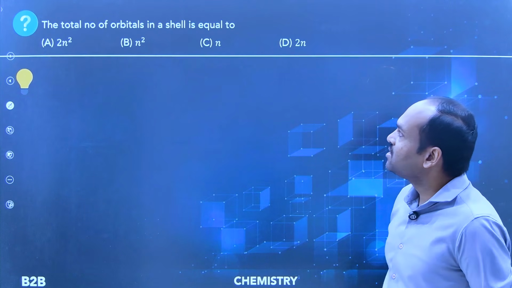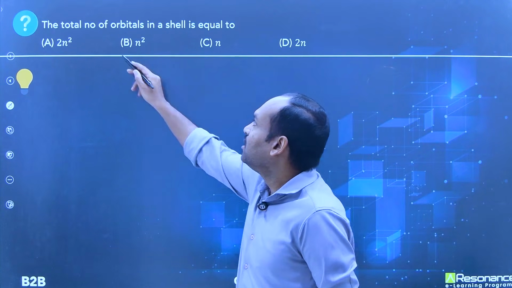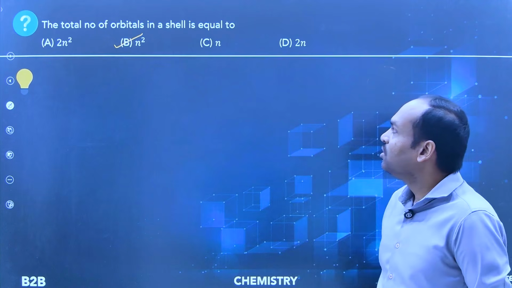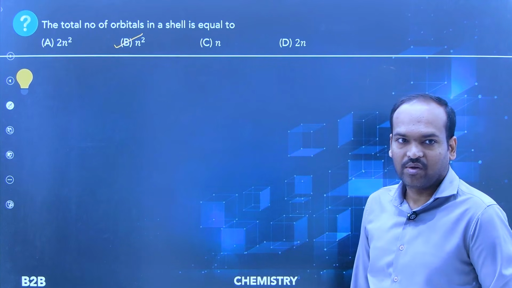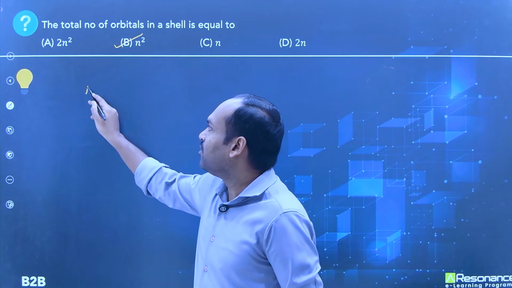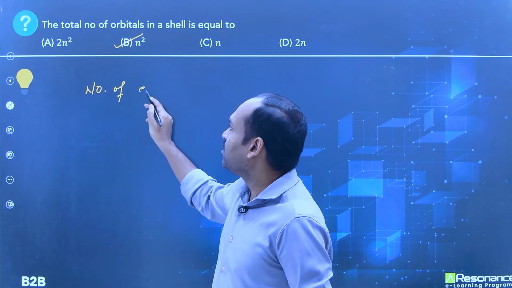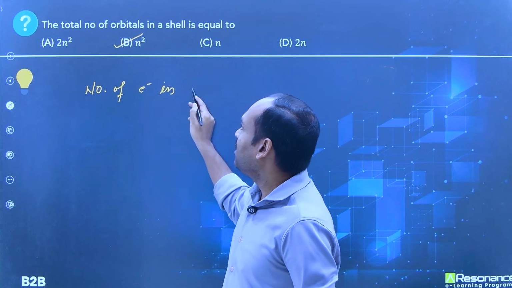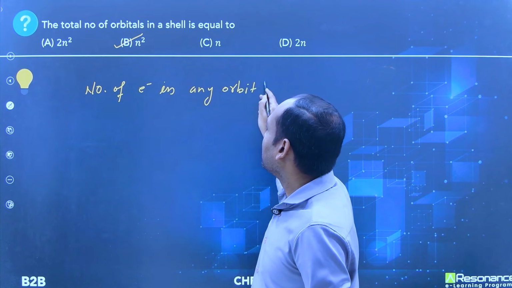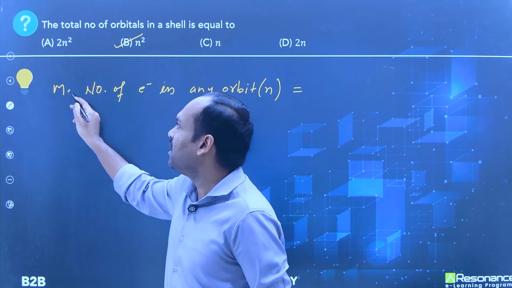The total number of orbitals in a shell is equal to the formula n square. Now, the maximum number of electrons in any shell.